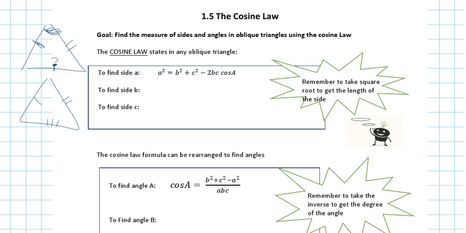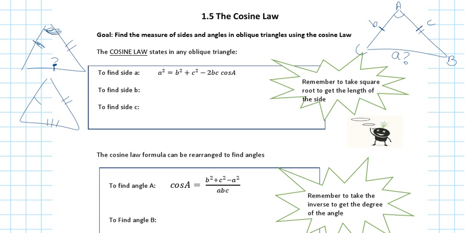If I have a triangle with angles A, B, C, I know side B, I know side C, and angle A, because that's a contained angle. In this case, I'll be looking for side A, this side right here.